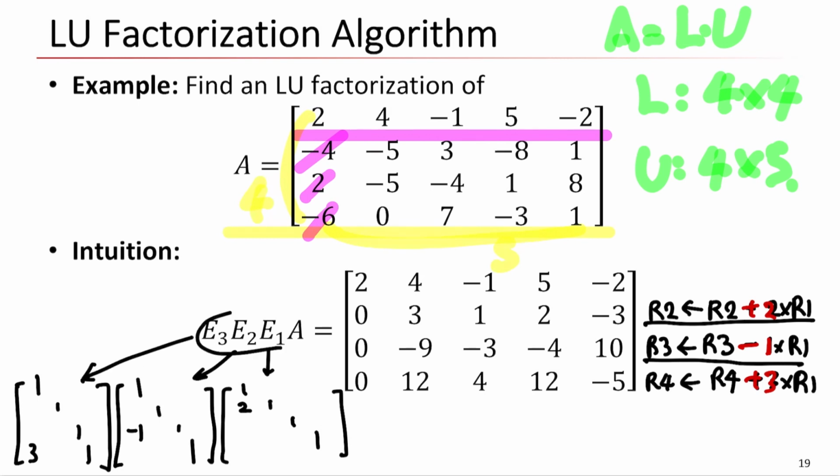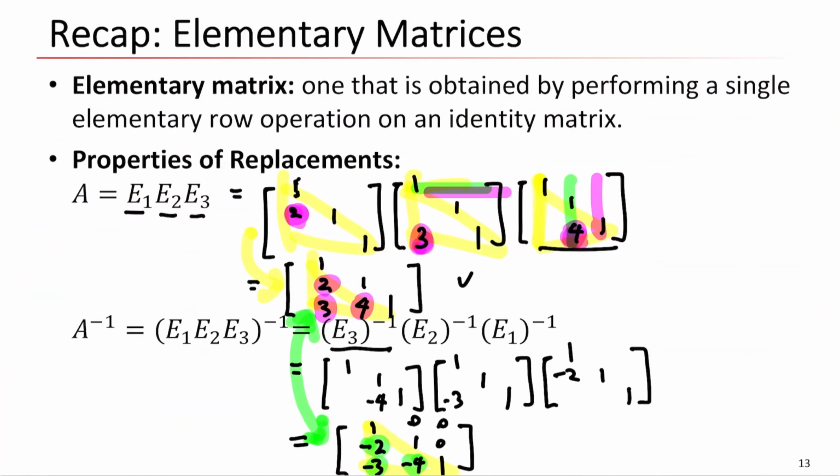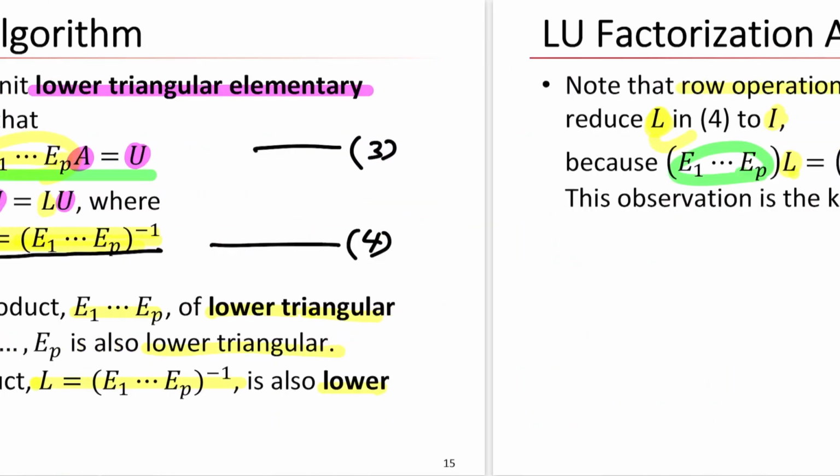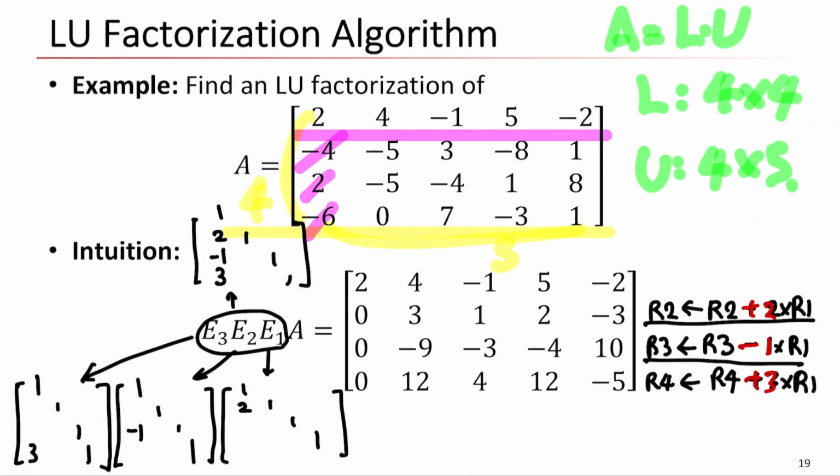Then what is E3 times E2 times E1? What is that? 2, minus 1, 3, right? If you remember this one, it should be something like that, right?